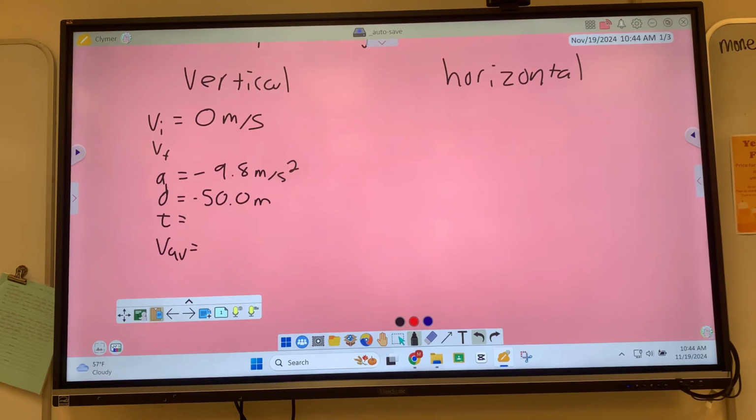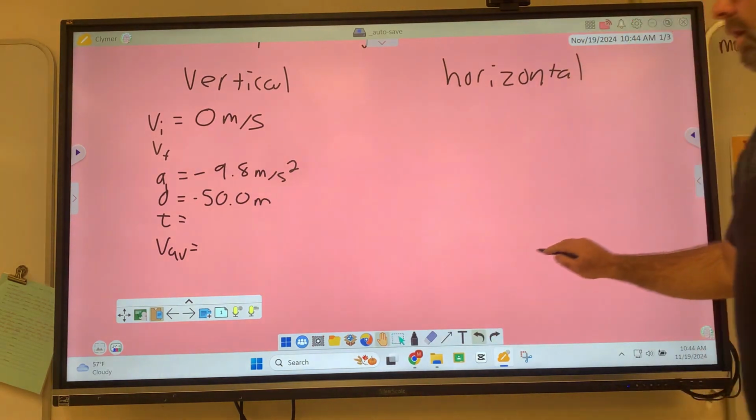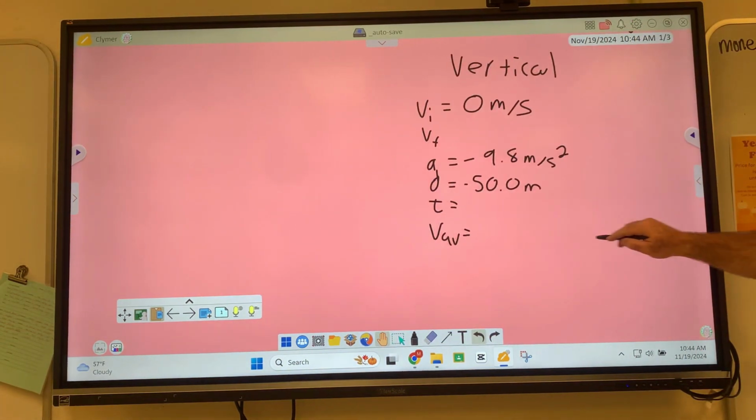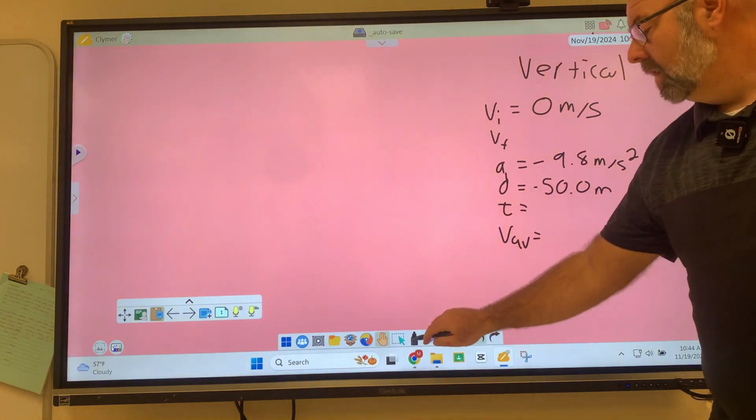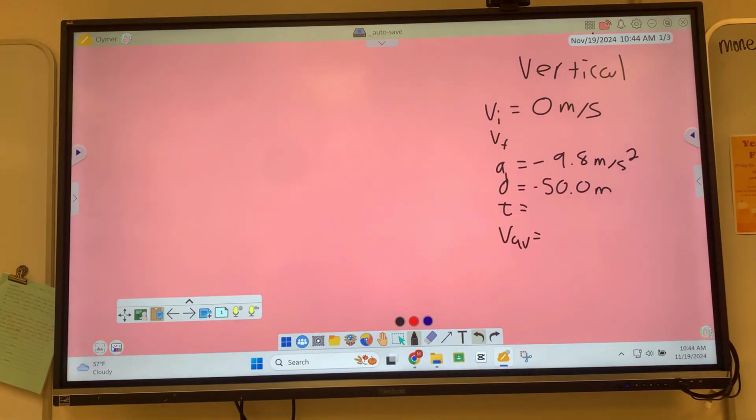How can we solve for time? What equation do we have that's going to help us solve for time? Again, this is the shopping portion, where you need to look at your equations. This might not be automatic. We have initial velocity, we have acceleration, we have distance, and we're looking for time.